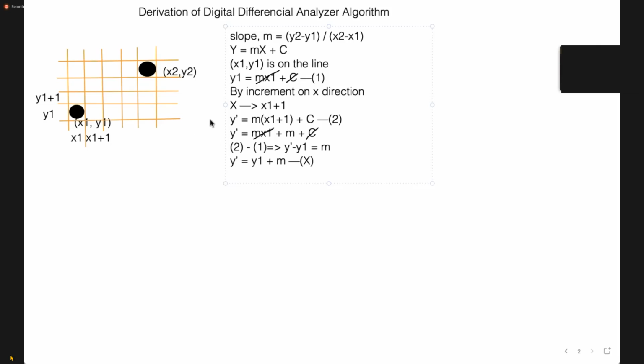For the inputs for this algorithm, now we know how to calculate this m. M can be calculated by using the two endpoints, divided one by the other. So this is how we are going to do it.